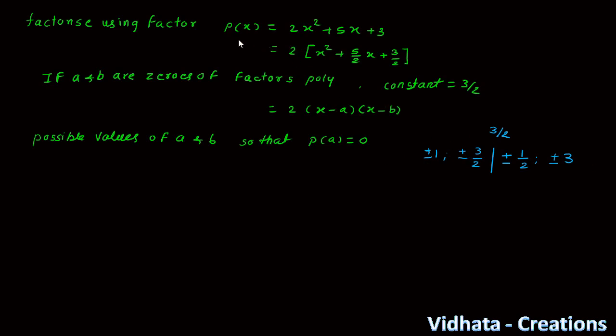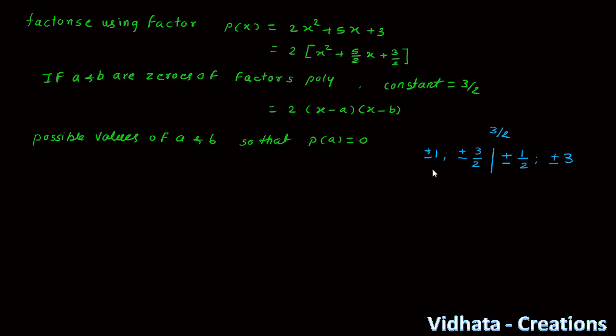All the terms included in the polynomial are positive. So if you use positive values from these possible values of a and b, you will get a positive answer only. For example, if you use +1 in this polynomial, all the terms are positive, so you will get a positive answer and it will not be equal to 0. So positive values are not suitable for finding the factor.